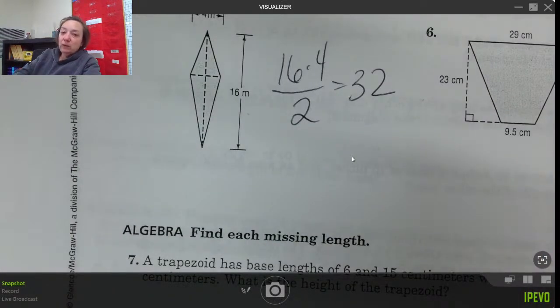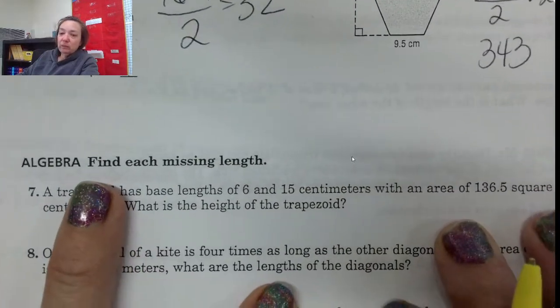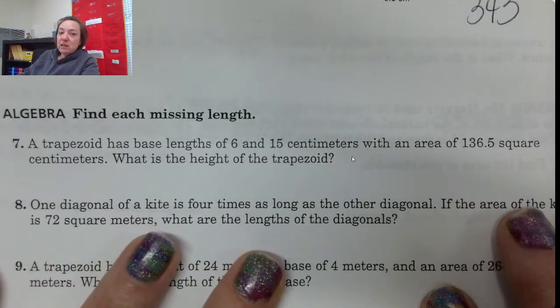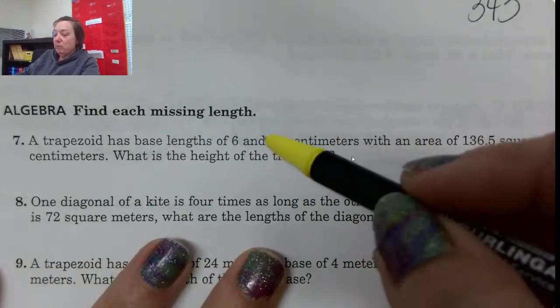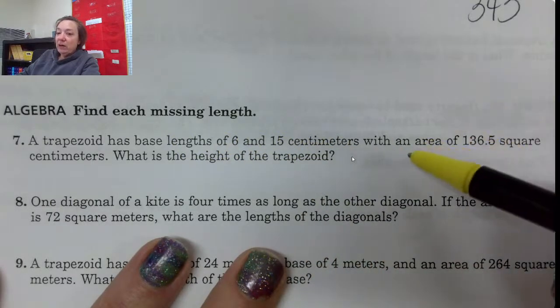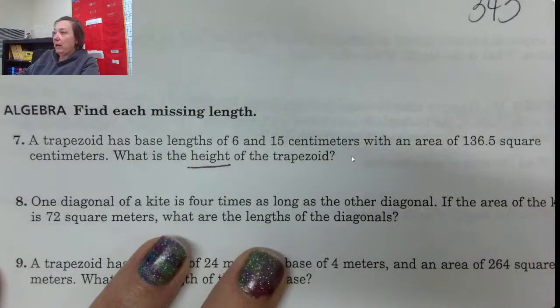Now, because this is so easy, we're going to throw in a little algebra to go along with it, okay? So here it says a trapezoid has base lengths of 6 and 15, with an area of 136.5, and they want you to find the height. Well, all you have to do is plug and play.